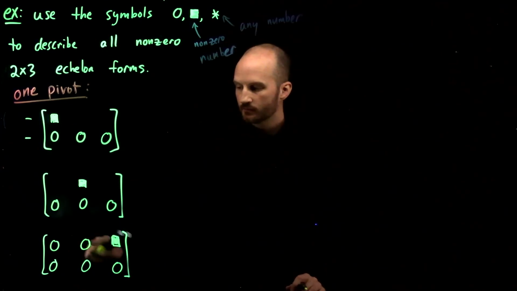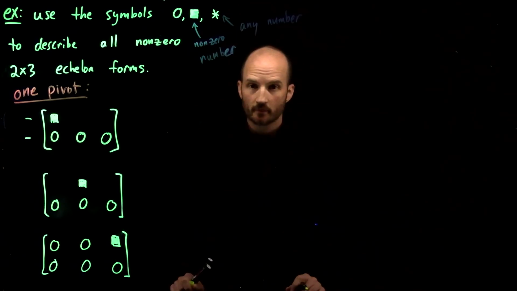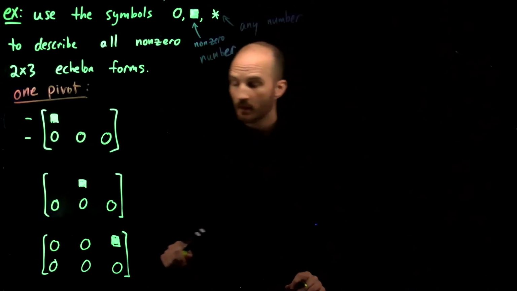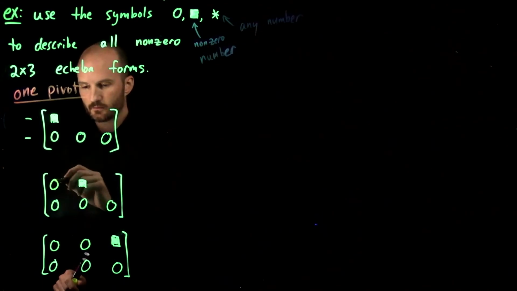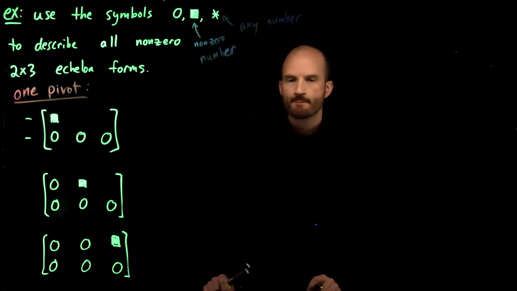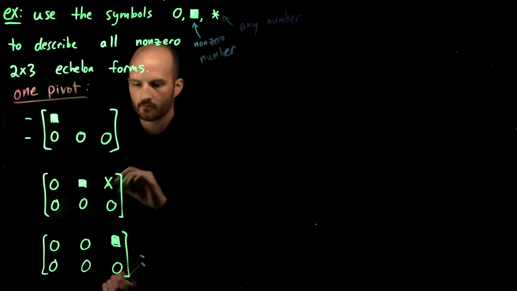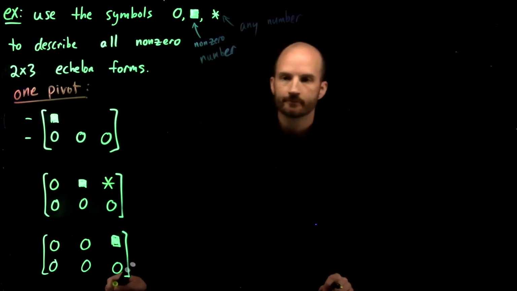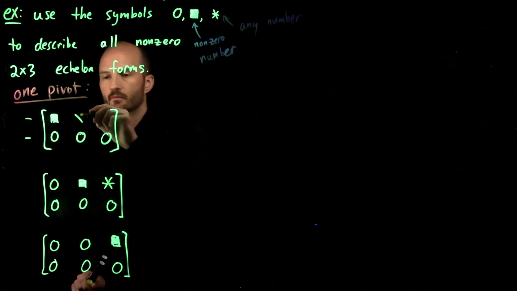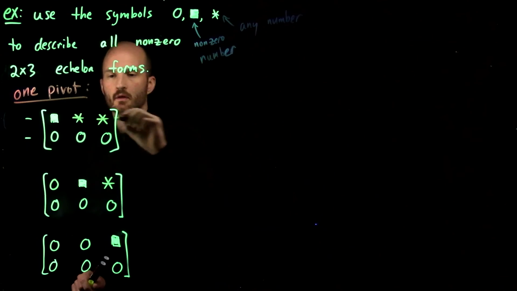If these were non-zero, then this would not be a pivot. Similarly, this has to be 0. And now what can go here? Well, anything can go here. So I'll put a star there, and likewise, star here, star here.